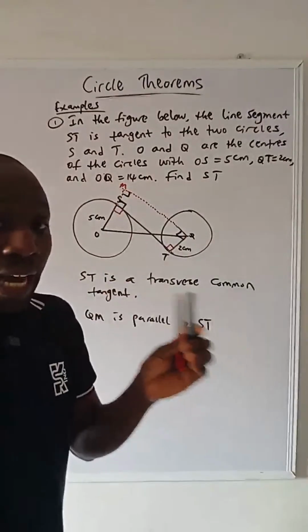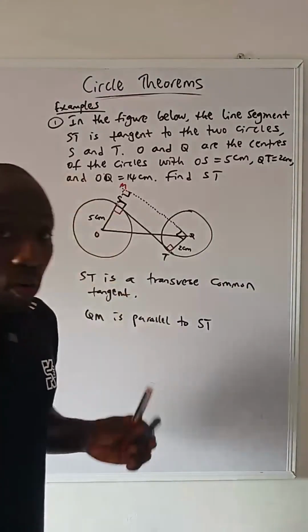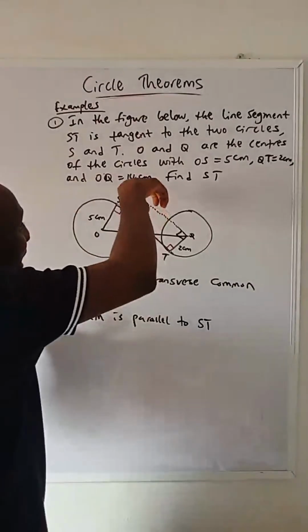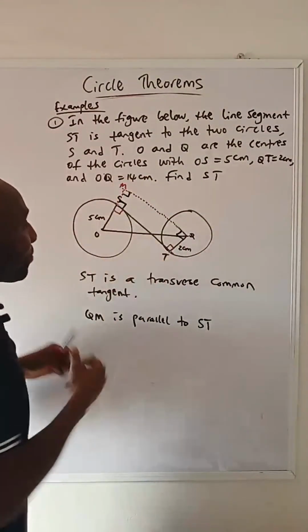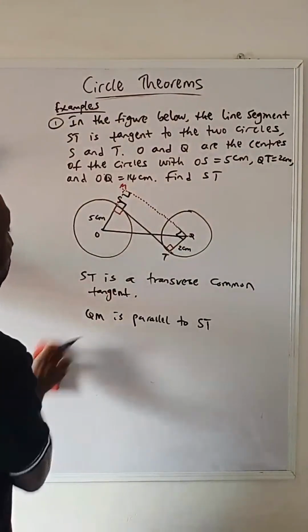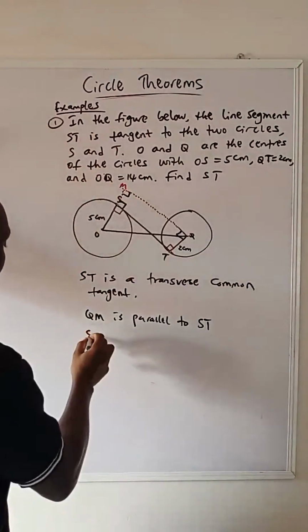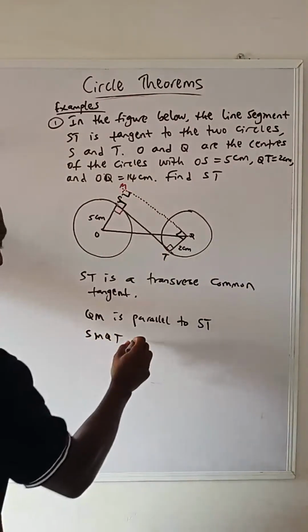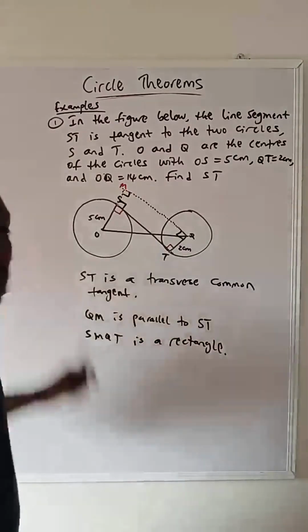The opposite sides are equal, and all the angles are 90 degrees. So it means that SMQT is a rectangle.